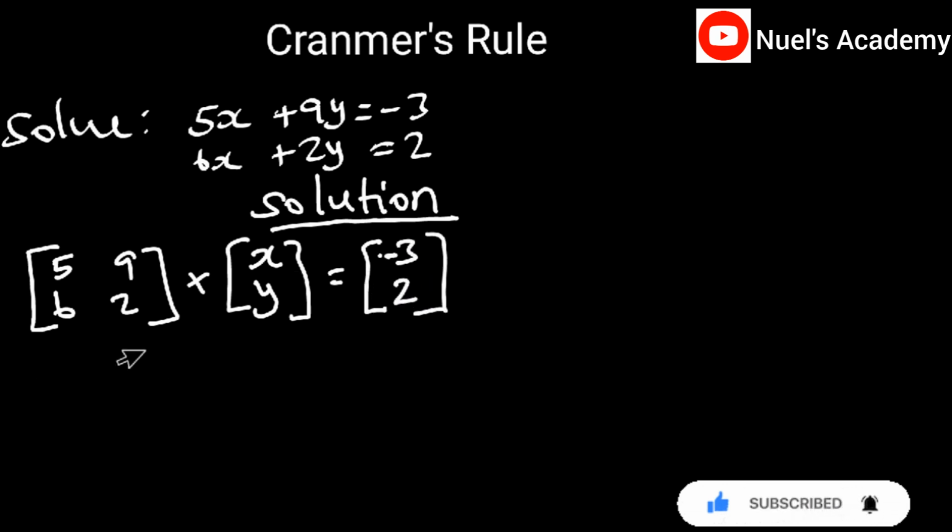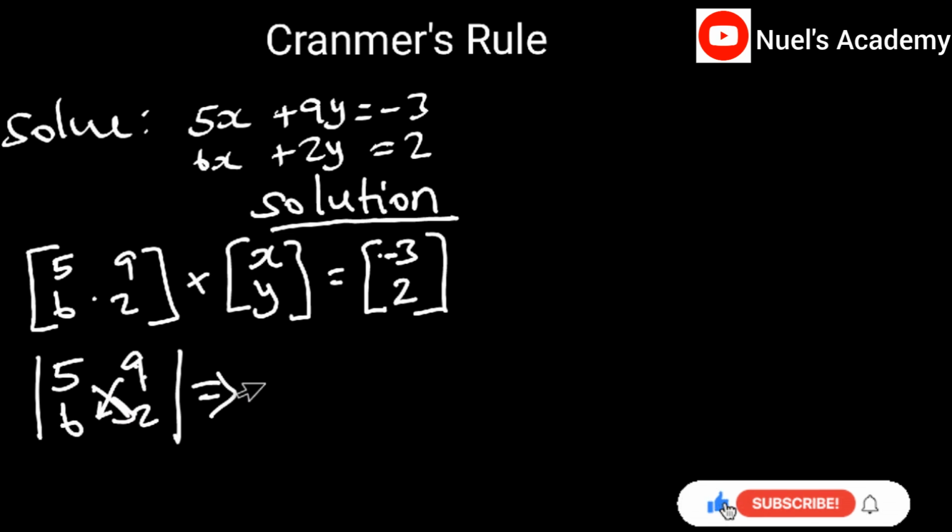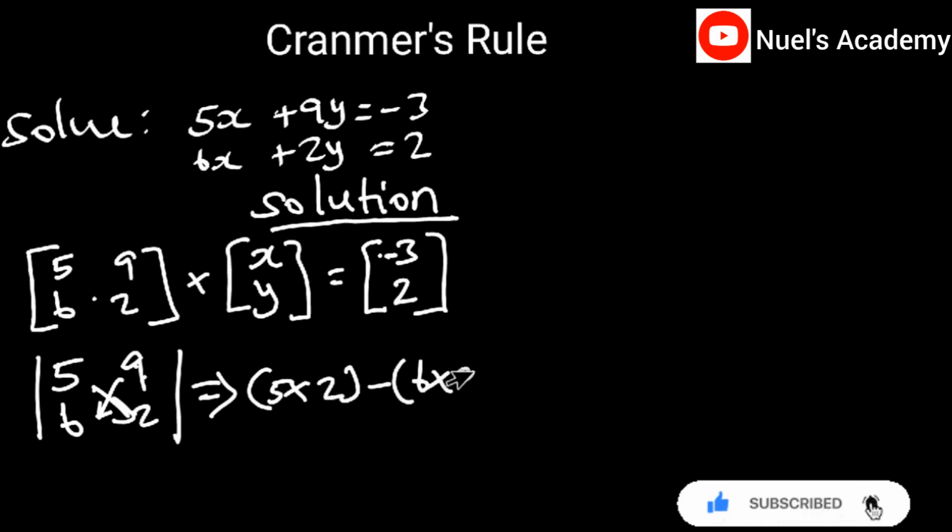So the next step is to find the determinant of this problem matrix. We're going to find the determinant of this 5, 6, 9 and 2, which is going to give us 5 times 2 minus 6 times 9.